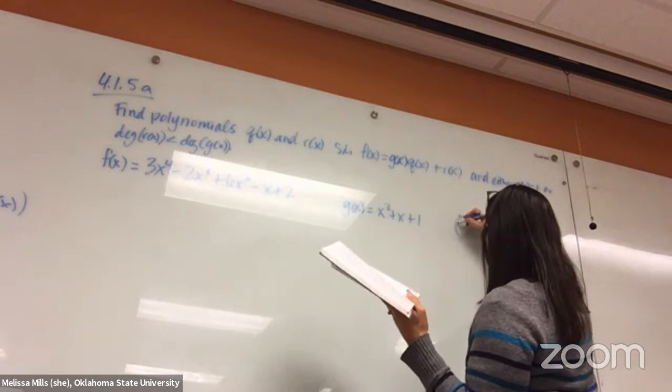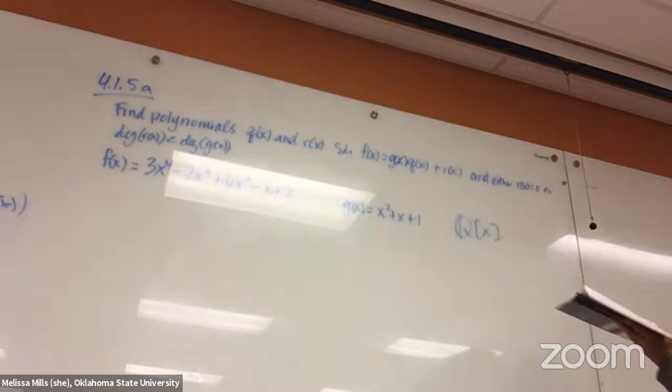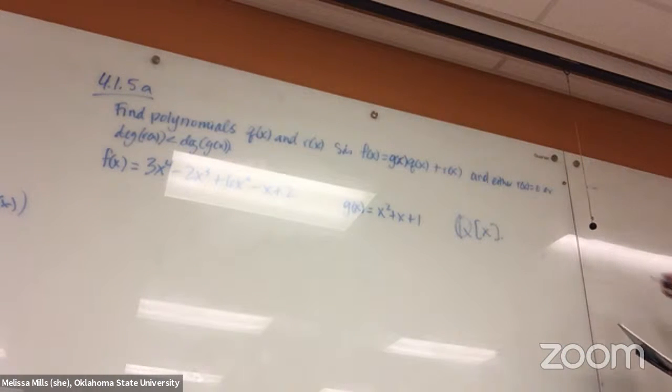My ring is Q adjoin X, that is Q of X. Then the next one: F of X equals 4x to the 4th plus 2x cubed plus 6x squared plus 4x plus 5, and G of X is 3x squared plus 2. Our ring here is Z mod 7 adjoin X.